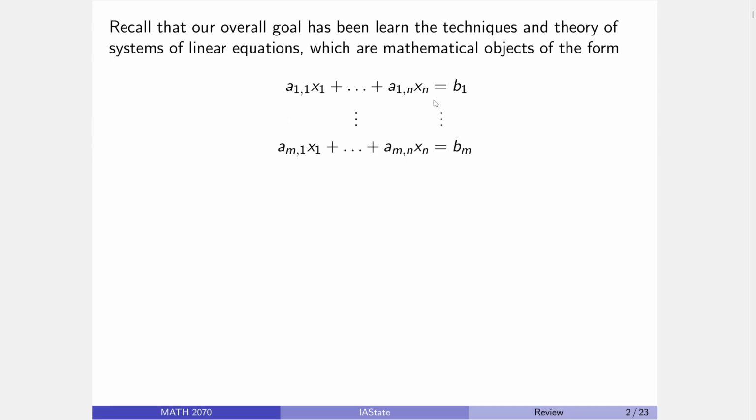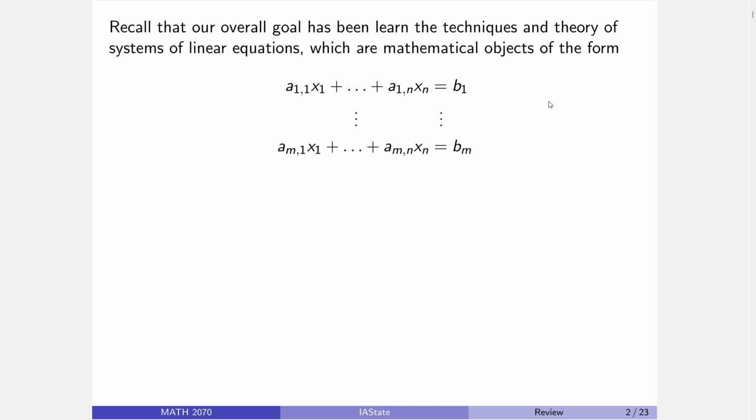What's going on here? I have unknown variables, x1 to xn, that I would like to know the value of. And what I do know are the coefficients associated with the x variables, so the numbers that are multiplying them. And on the right-hand side, I have these singular values, b1, b2, all the way to bm.